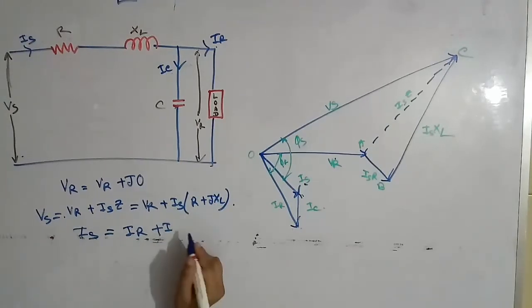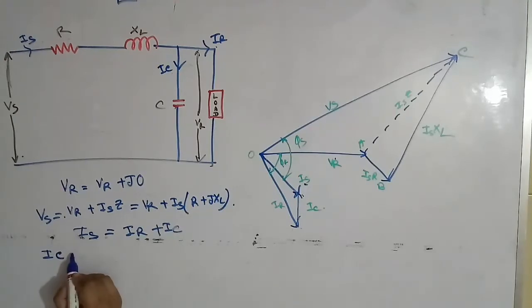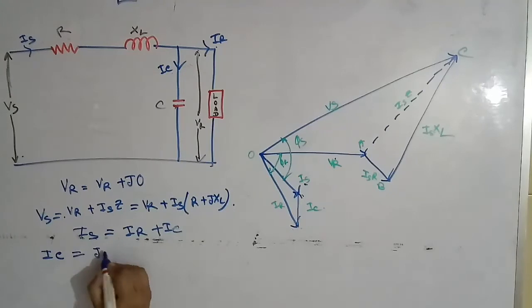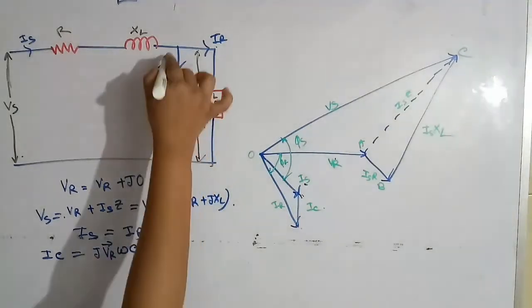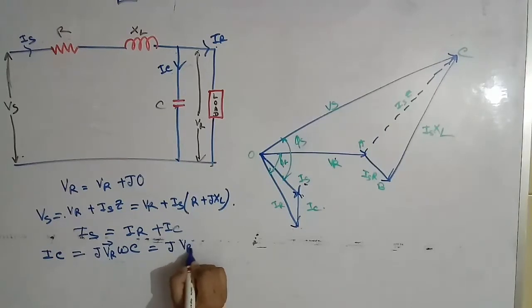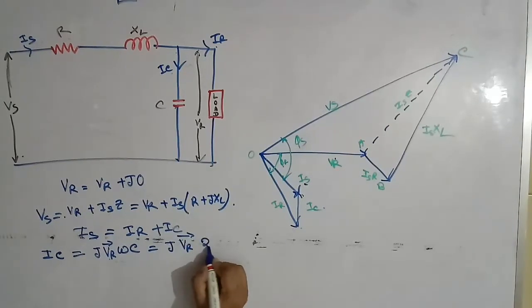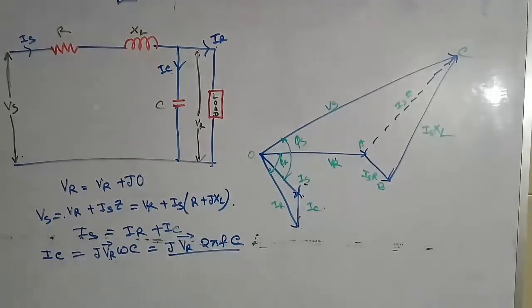What is the value of IC? IC is the current through the capacitance, so we can write IC equals j omega C into VR, where VR is the voltage across the capacitance, and omega equals 2 pi f. So this is the value of IC.